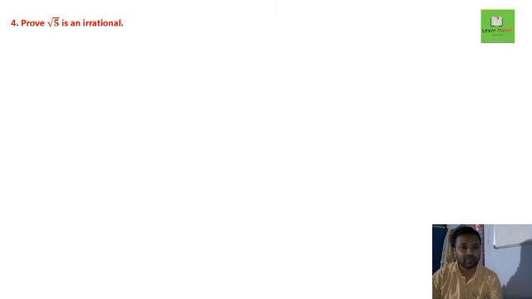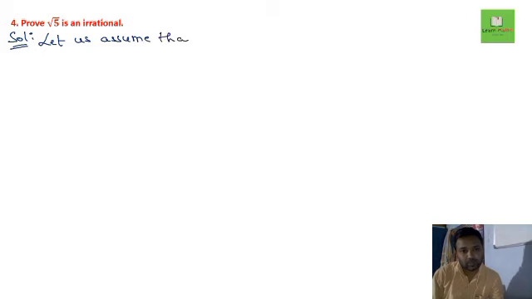Prove root 5 is an irrational number, and these types of problems have a unique method. So let us see. Let us assume that root 5 is a rational number. If it is rational, we know that it can be expressed in the form of p by q.